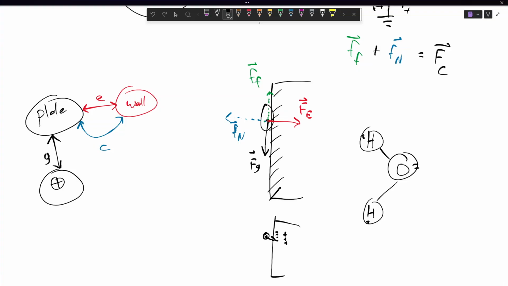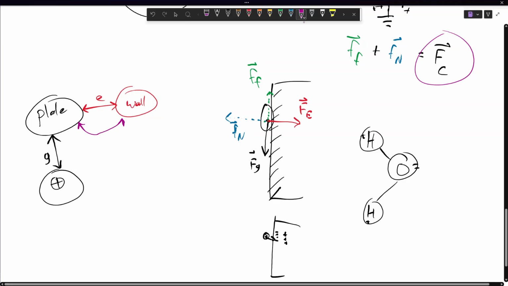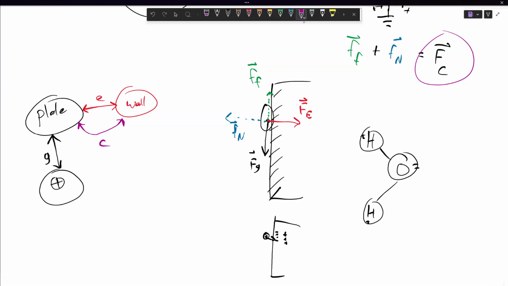But importantly, this is why I really like to have our system schema, because it gives this one-to-one mapping rule for forces. For every one interaction, you have to have exactly one force. And here, that's what we have. We've got this contact force because of this contact interaction on the plate. We've got this electric force because of this electric interaction with the wall.